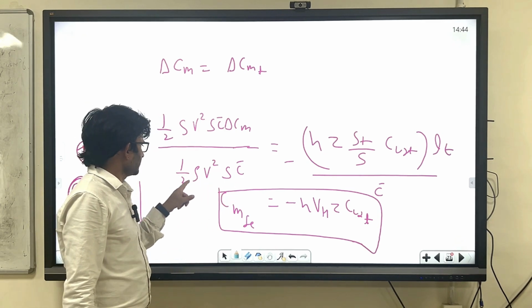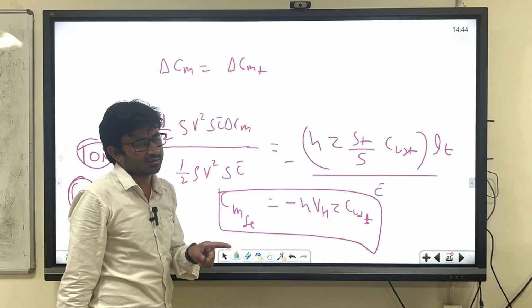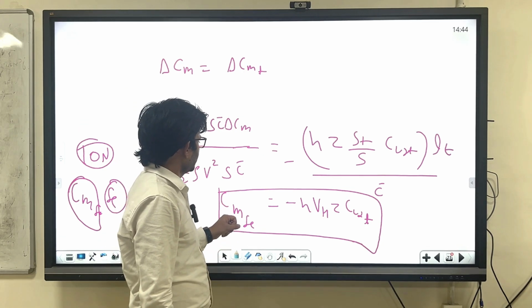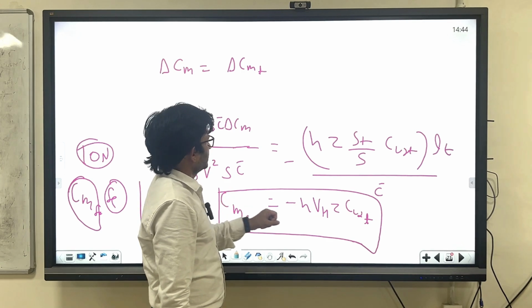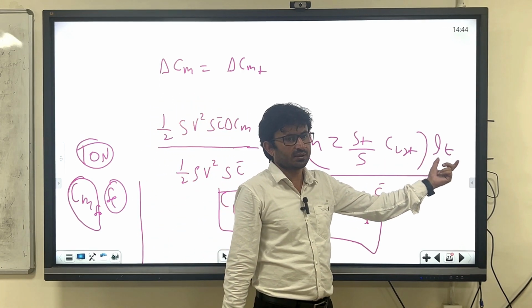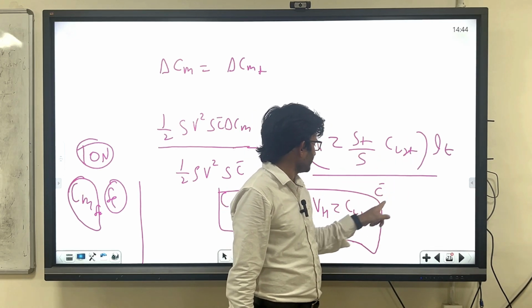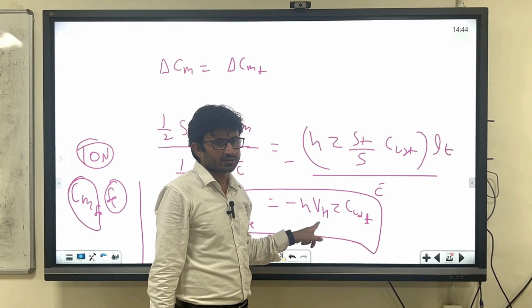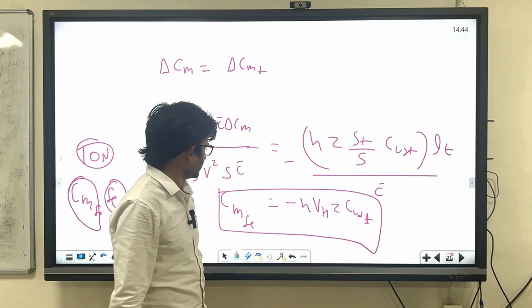In the last case, you divided by half rho V squared S because that was the force, and this is a moment. And the moment arm comes in here. So S_t l_t by S c bar will be V_H, and the rest of the terms will remain the same.